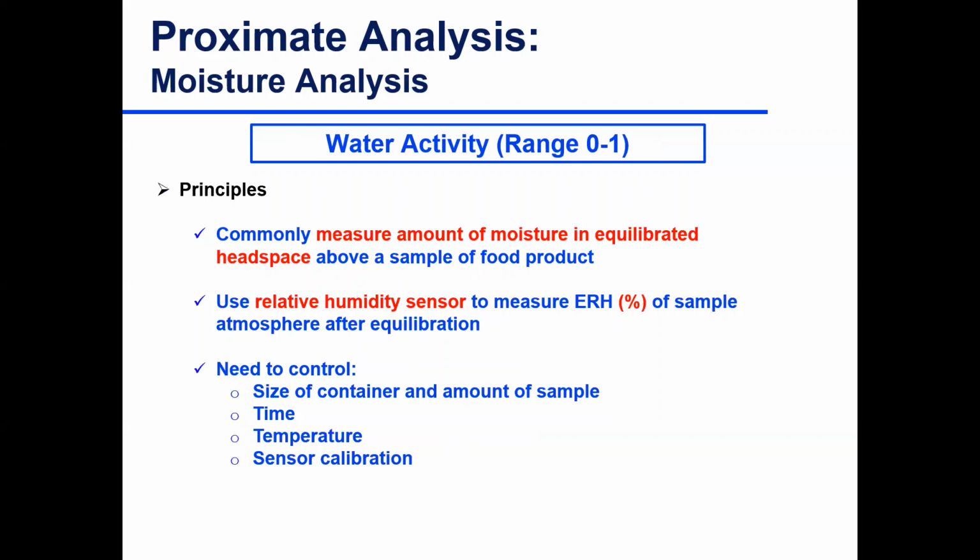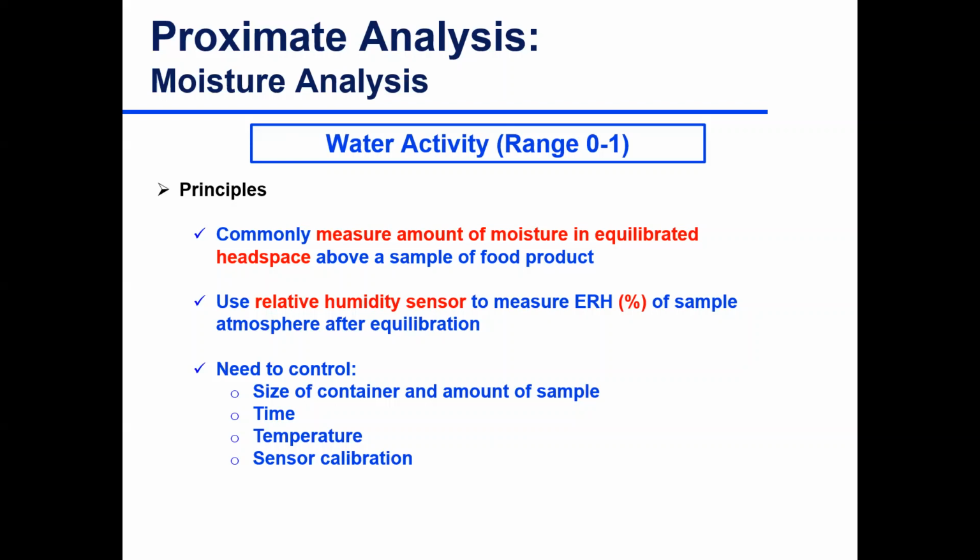So you're not measuring the water activity directly. You are measuring the water activity in the food, but if you put it in a closed chamber, that moisture will come to equilibrium in the headspace. And so you measure what moisture is in the headspace, not the food itself.